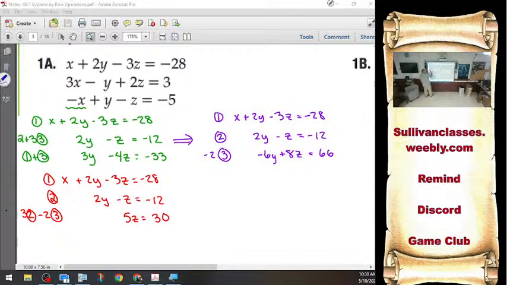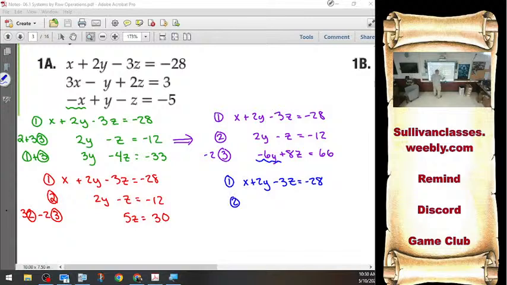Because now, how do I knock this out? Equation 2 times 3. So I haven't touched 1. X plus 2y minus 3z is negative 28.